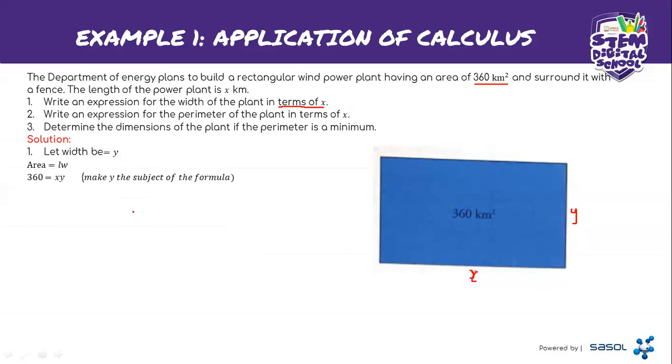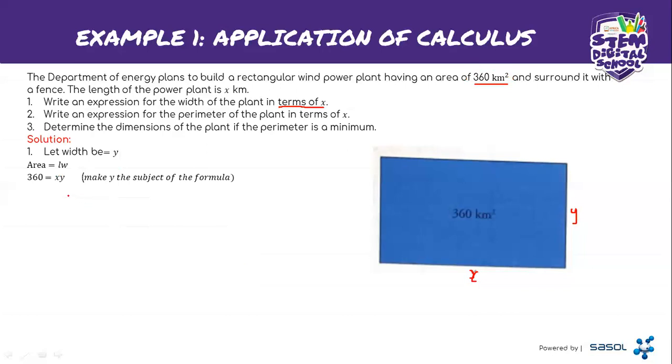What are we having from the scenario? We are having the area. So first, you have to write the area formula for this particular shape that we are having. In this case, we are having a rectangle.